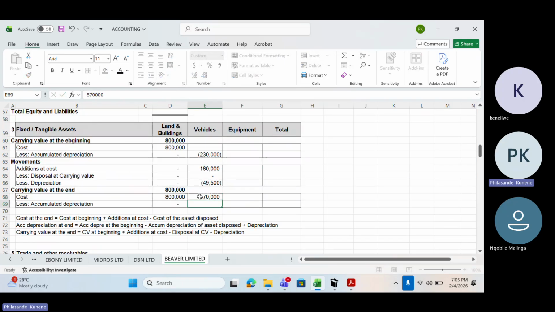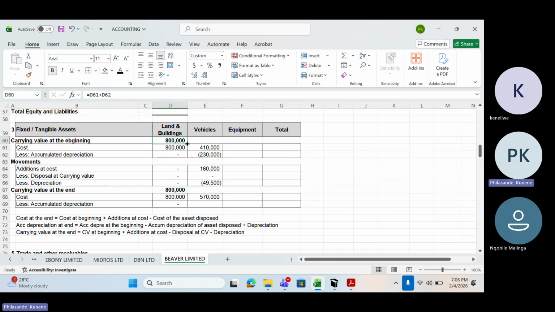So I'm going to record it here as part of my cost price. How much is my cost price at the beginning? 570 minus 160. I think we calculated 410,000. If I say 570,000 minus 160,000 rands, we're getting 410,000 rands.